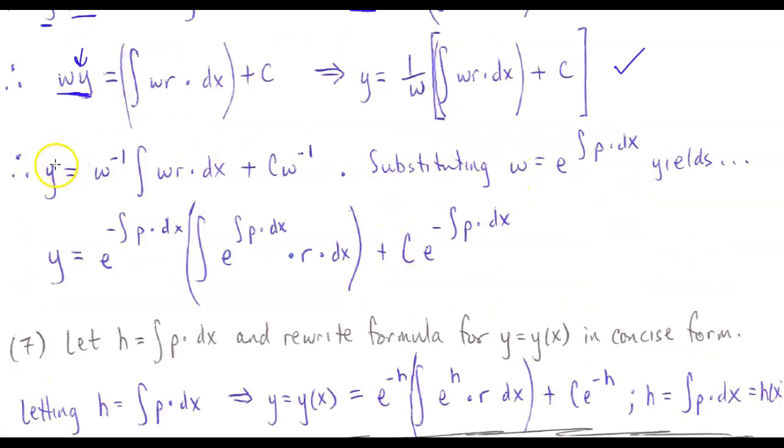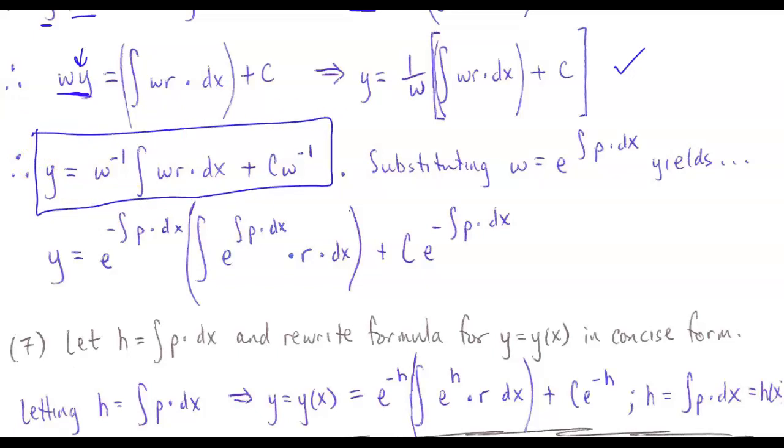All right, so the result from what I was just doing earlier would end up being this particular formula for what our y is. And if we explicitly plugged in what the integrating factor would be, this is what our result would look like.